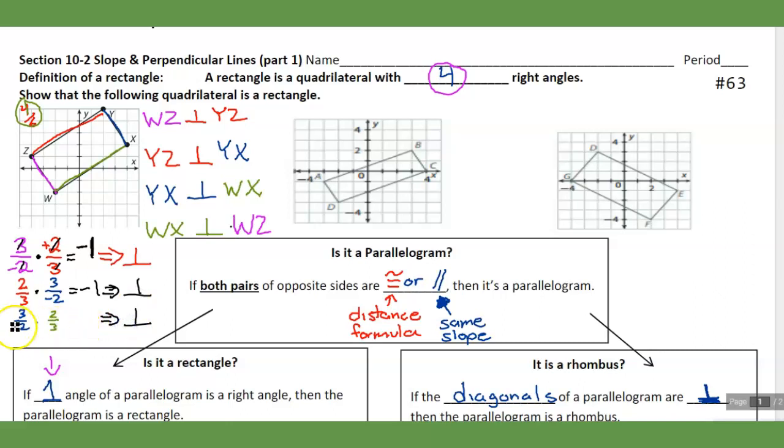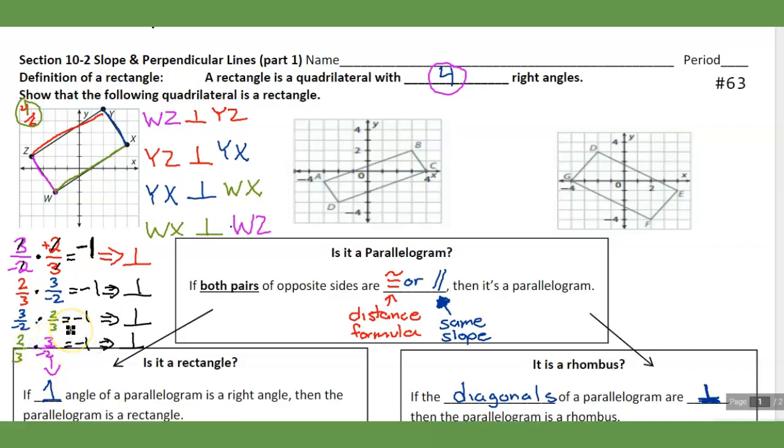These are perpendicular, opposite reciprocals. And then do it 1 more time. So which would be 2 over 3 and 3 over -2. And that would make those perpendicular as well. And all these multiply to -1 as well.